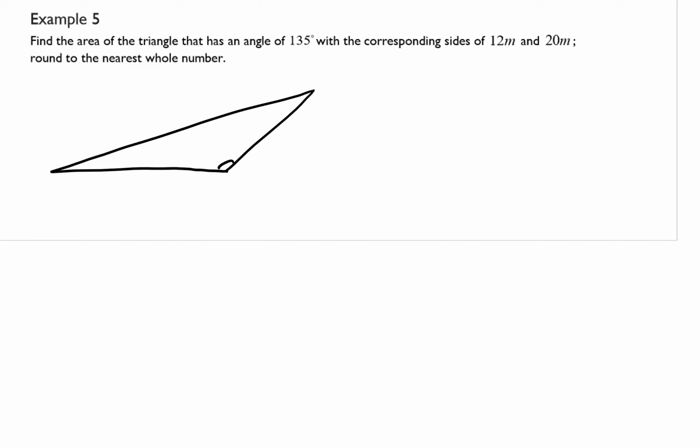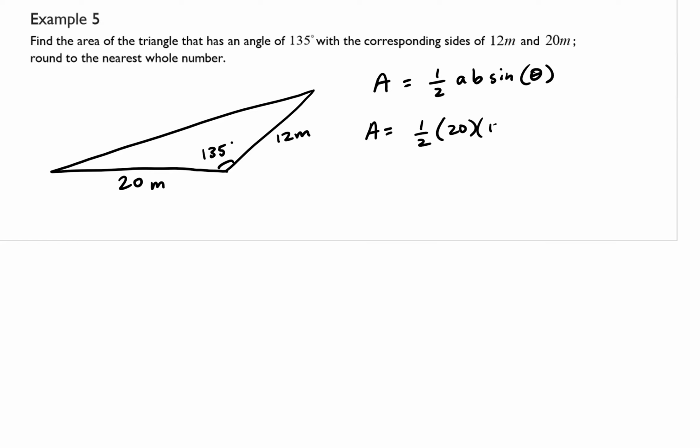Let's say that this angle here is 135 degrees, this bottom length is 20 meters, and this length is 12 meters. We know that the area is 1/2 a times b times sine of theta. So the area is equal to 1/2 times 20 times 12 times sine of 135 degrees.